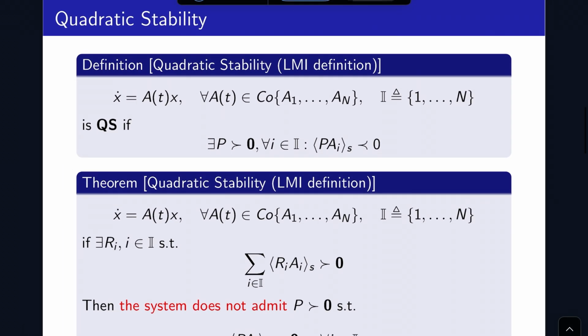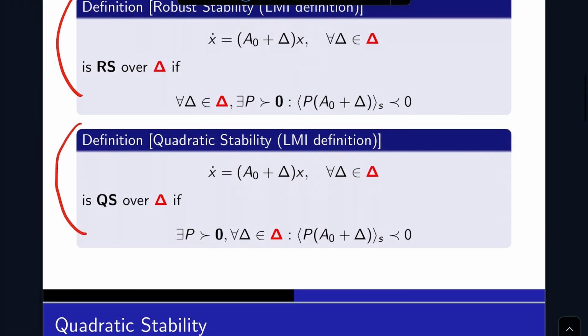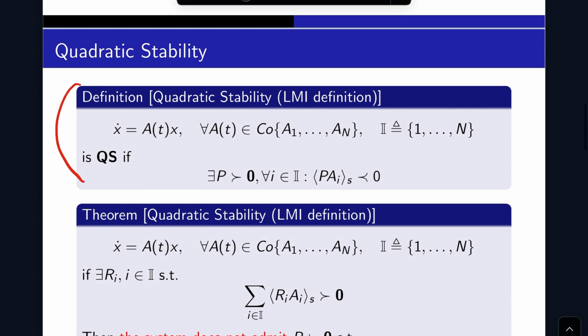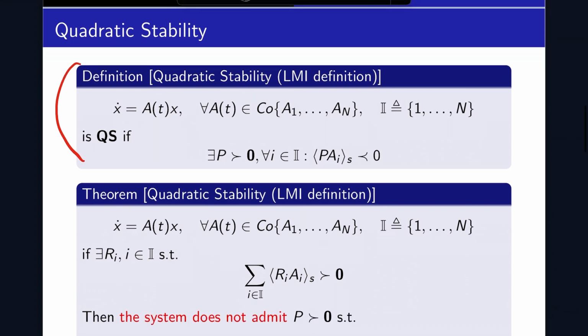Okay, so what is this quadratic stability? I'm just giving another type of definition, because we have this delta and it is basically the same. I have this intermediate definition and then the theorem. Why? Because I'm just trying to make things easier, people, right? I like how my viewers appreciate that.